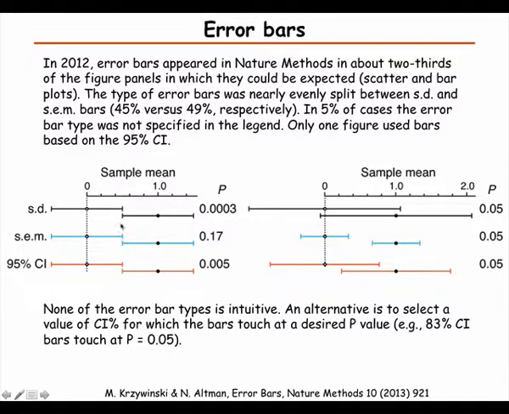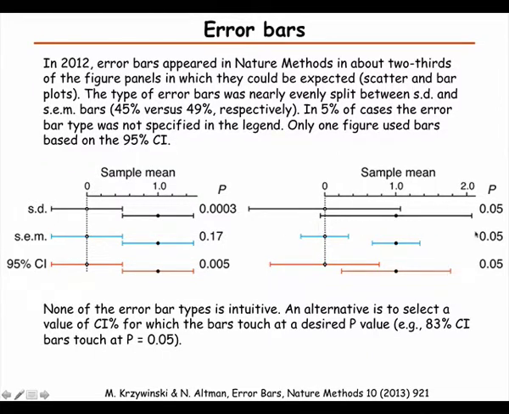In this case, it's quite different. If we compare these three cases, the p-values when they touch are really very different. So we really need to know what is shown as the error.